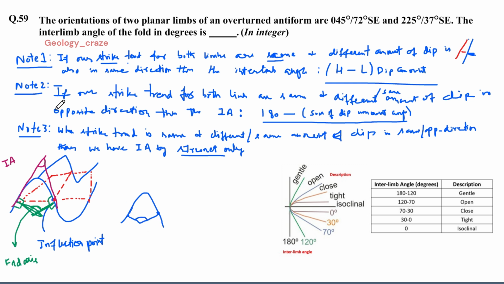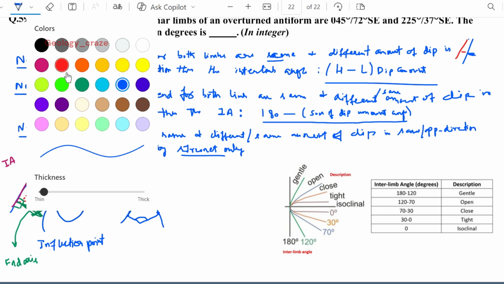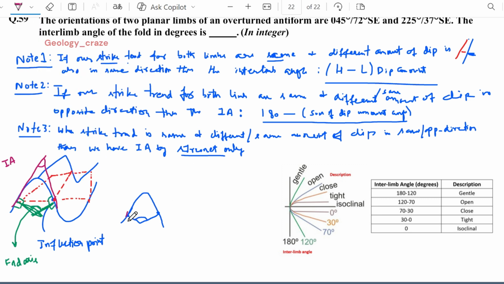In a similar way we are making a tangent over here. So this is one angle, and this angle is our interlimb angle.